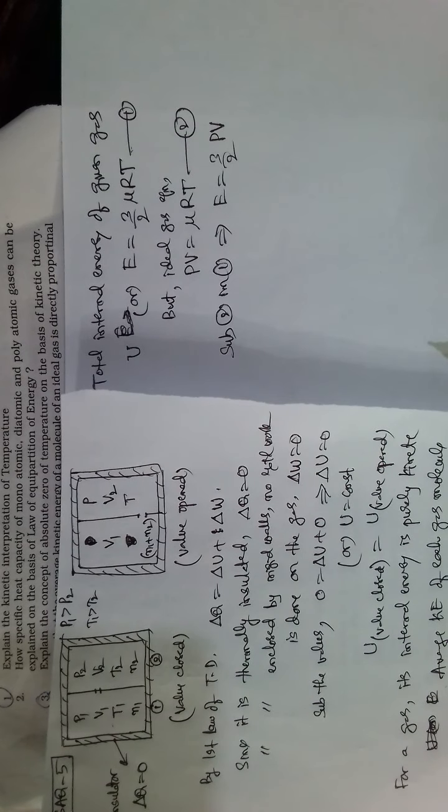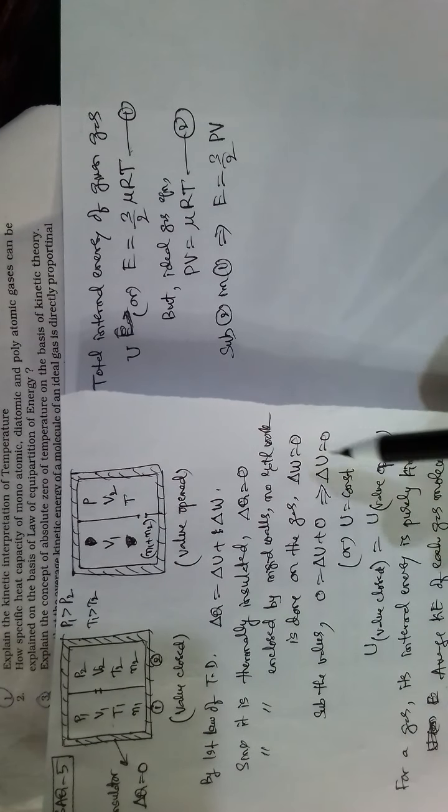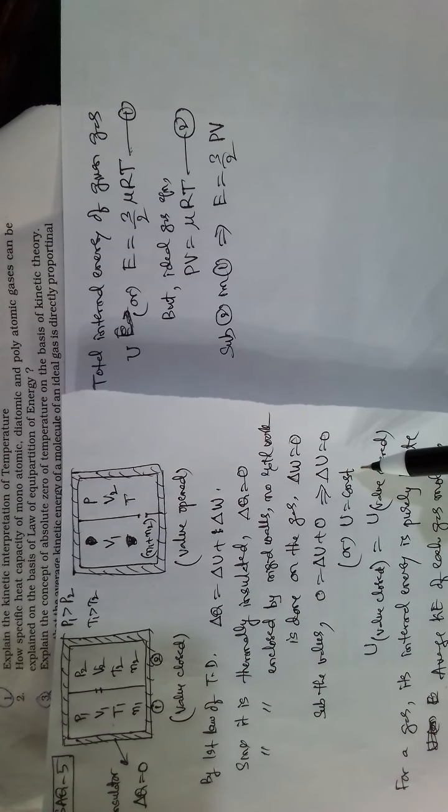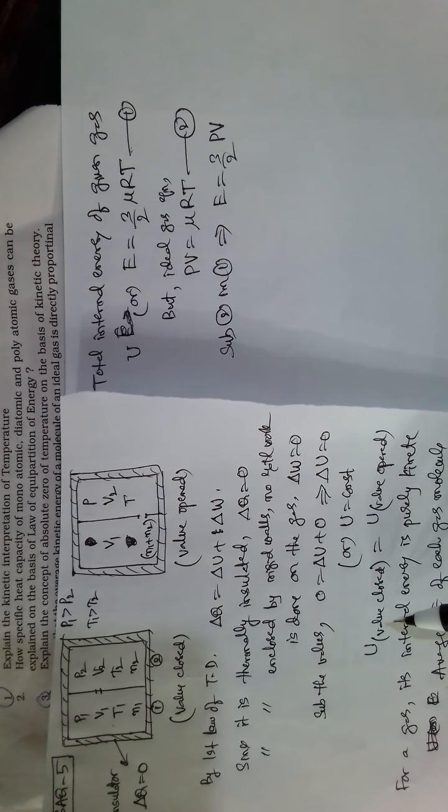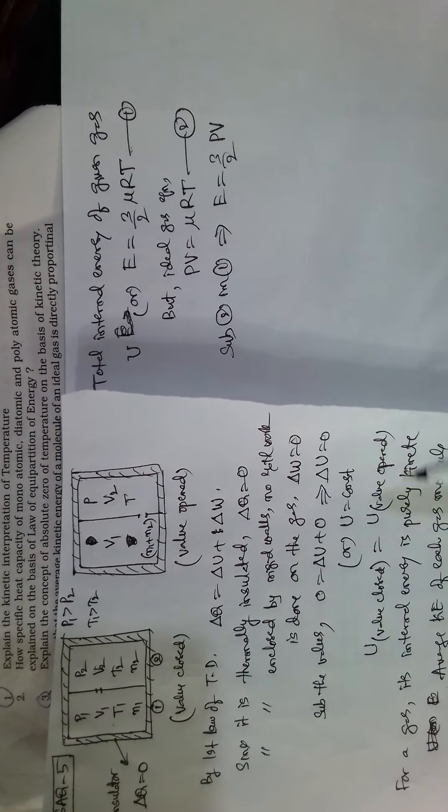Since the chamber is thermally insulated and the walls are rigid, delta Q is 0 and delta W is 0, so we got delta U is equal to 0, U is equal to constant. That is, the total internal energy of the gas is constant before opening the valve and after opening the valve. There is no change in internal energy.